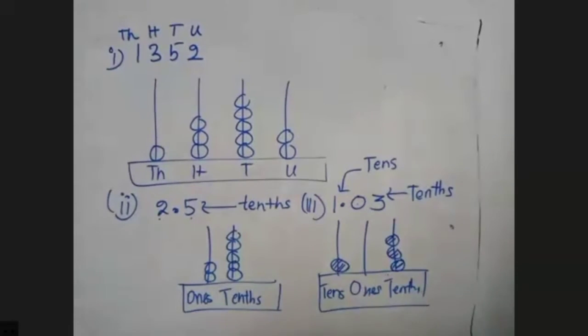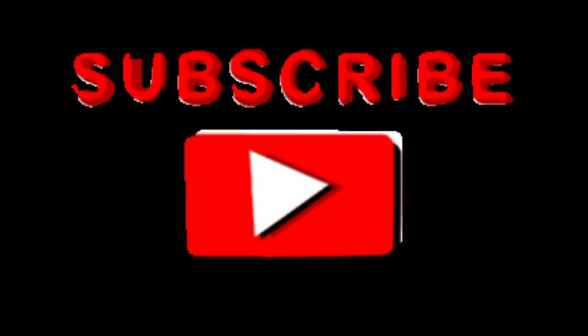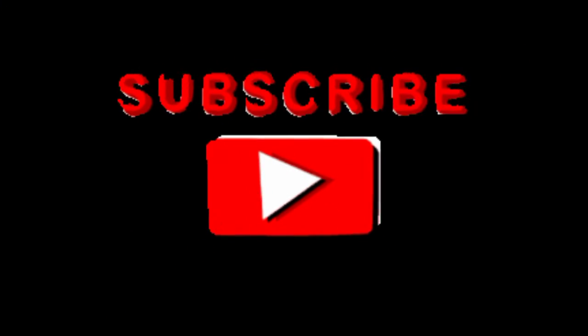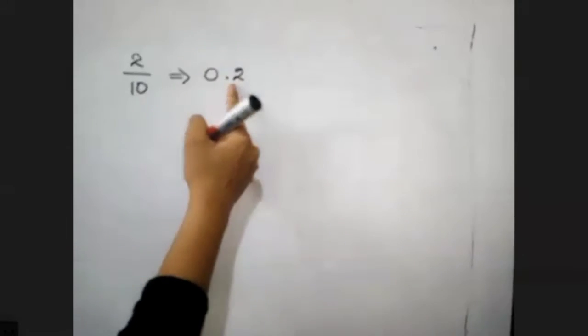So now let's see how these 2 decimal place numbers are coming up. Right now look at the board. I told you 1 decimal place is coming because of, for example, 2/10. 2 whole number, I can keep a decimal point, 0.2, 1 decimal place.